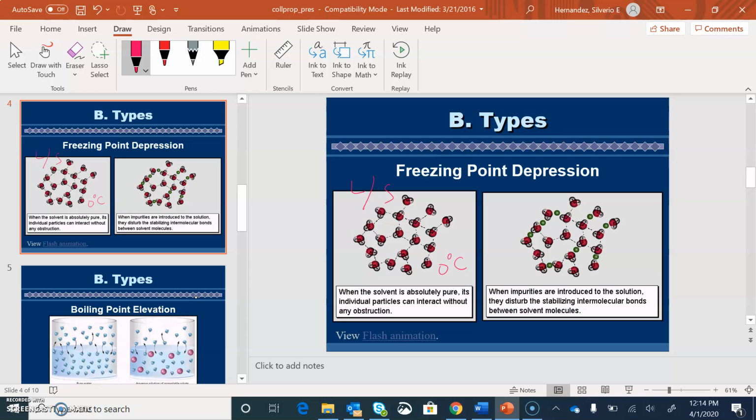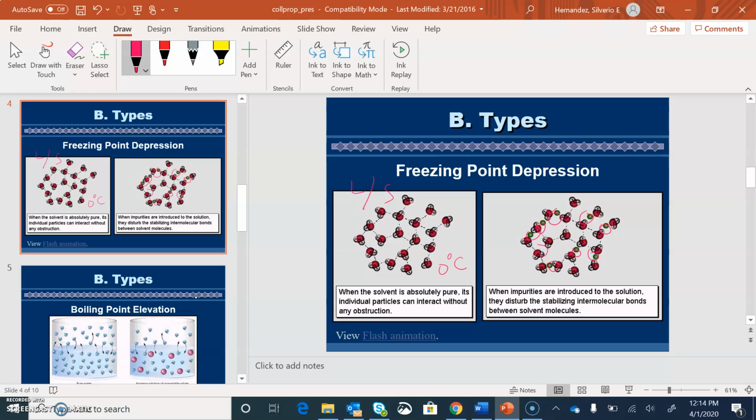What happens to water when we add an ionic compound or some kind of sugar that either dissolves or dissociates in there? Well, these particles here are now in between those water particles. So the intermolecular forces that would occur normally at 0 degrees Celsius now are interrupted.